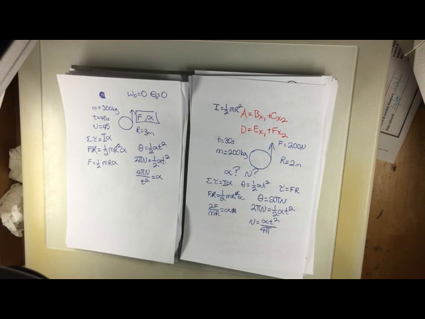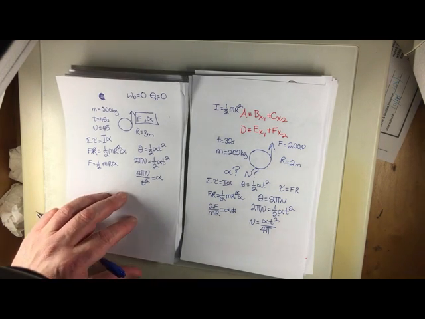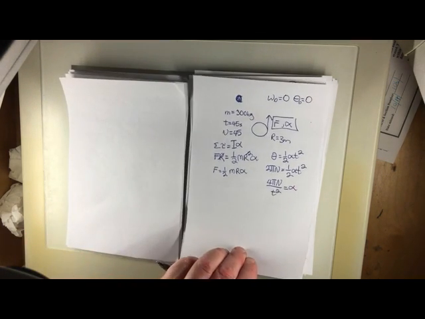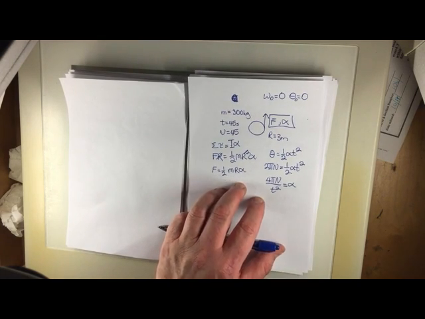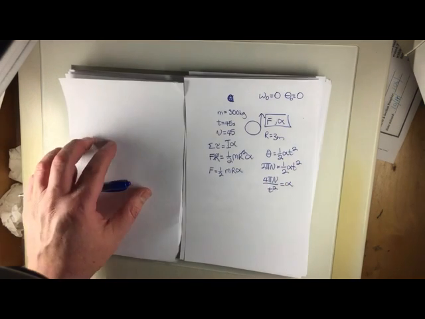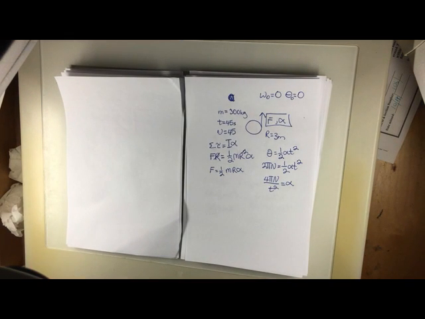All right, number 7. Number 7 is the playground problem. In some respects, the playground problem is not quite alpha equals non-zero because there's no external force.